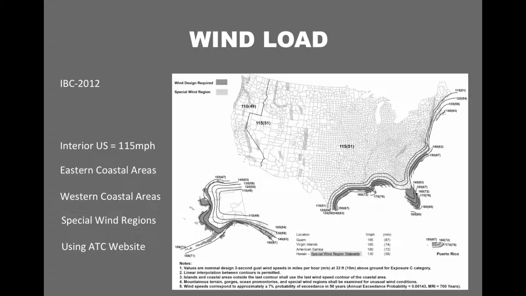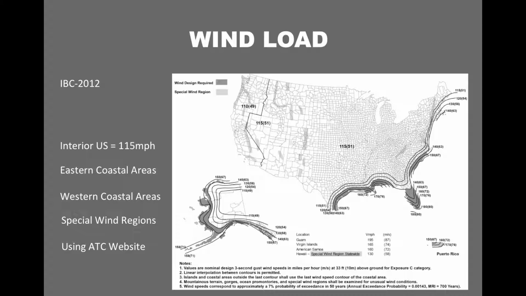This is obviously because of hurricane potential, so they want to make sure that your building is designed to withstand a hurricane. The other side of that coin is Oregon, Washington, and California, which only require 110 miles an hour. Less risk for high winds on the West Coast, obviously, versus the East Coast and Gulf area.